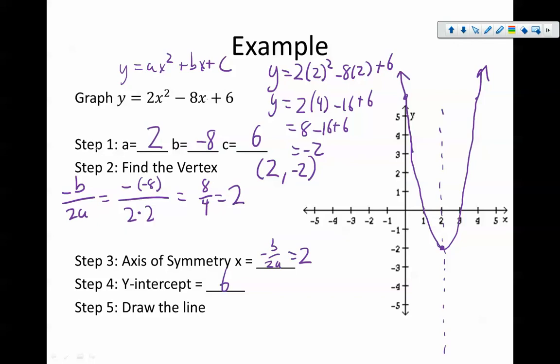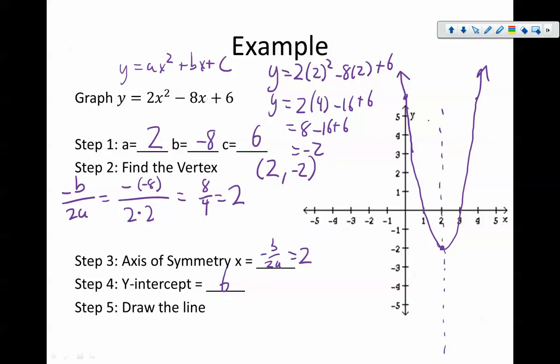So to review, we find the a, b, and c values. We plug in the b and the a into this formula to find the x value of the vertex. We then take the x value of the vertex and plug it into our function. We complete that to find the y value, plot the vertex.